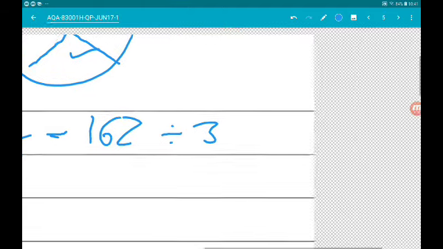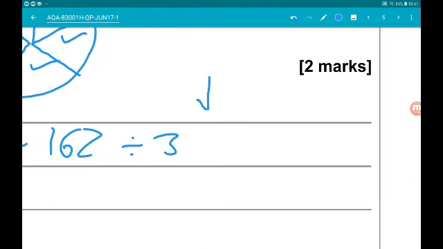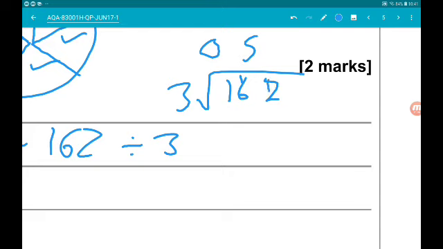Now the old bus stop can help us out here. So 162 divided by 3. 3 into 1 doesn't go. Carry the 1. 3 into 16 goes 5 times, 1 remainder. 3 into 12 goes 4 times. So 1/5 is 54.